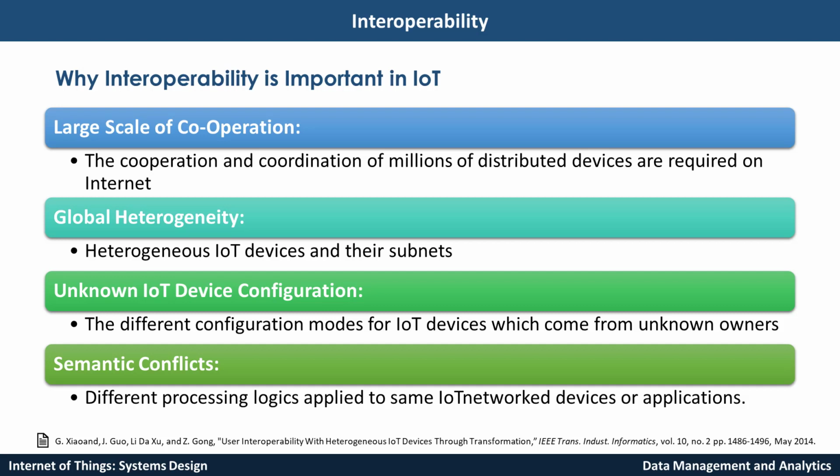And then the fourth one, the semantic conflicts. For example, IoT devices are somewhat like humans. They may talk like temperature. So when one smart home device says temperature or high temperature, how can the other device know whether that device is talking about the temperature of the fish tank, or the end user's skin, or the outside temperature, or the ambient temperature inside, or the temperature in the microwave?